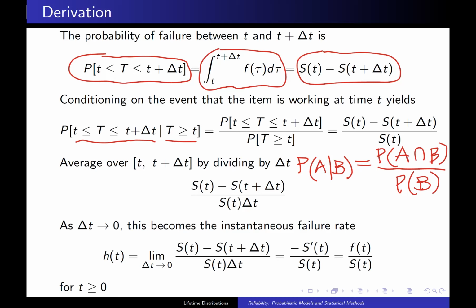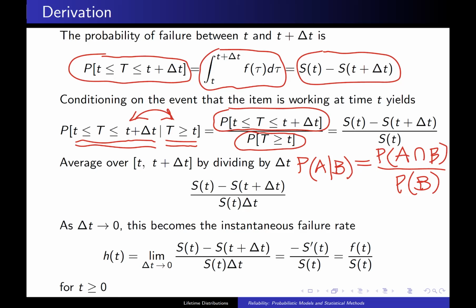So you can see that the given event, the probability that T is greater than or equal to t, shows up in the denominator. Then the numerator is the intersection of these two events. If you think on a time axis about the intersection of the two, you will see that it is just the probability of failure between times t and t plus delta t.